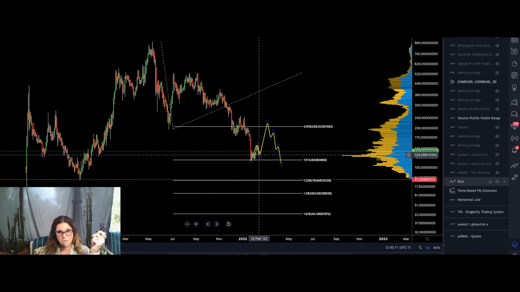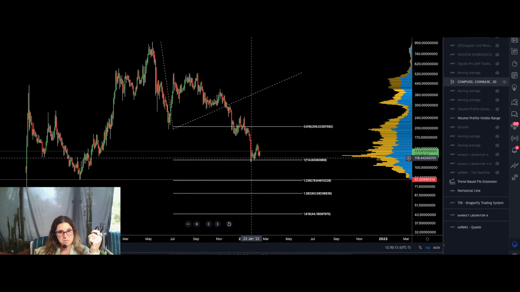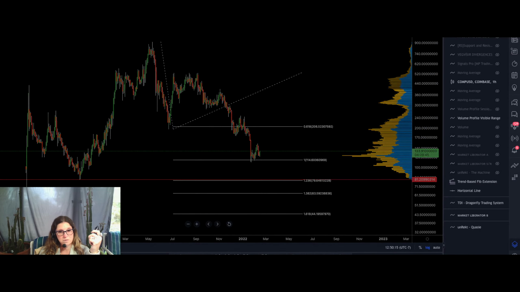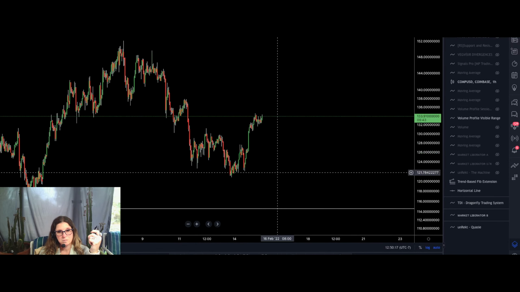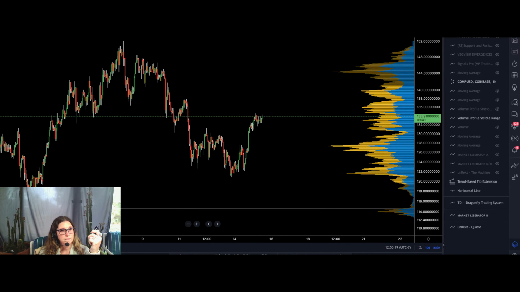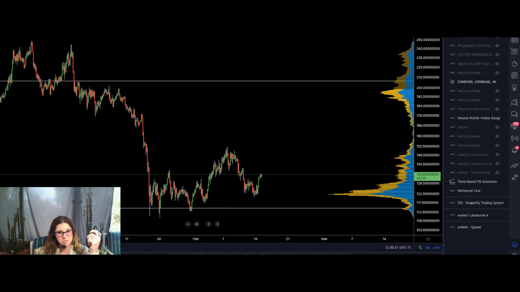But I don't see where this is done and this is the start of something. It's too corrective. This was 3, 3, 5. You can clearly see the 3 waves down, and then the 3 waves up.